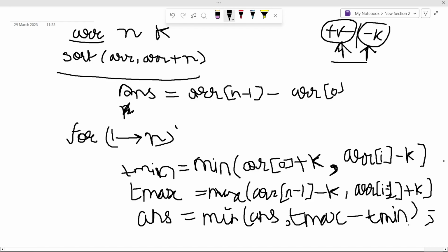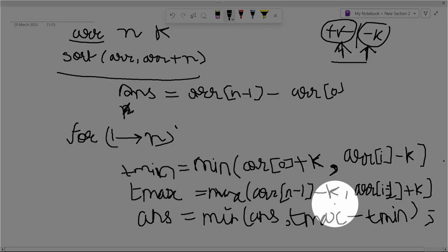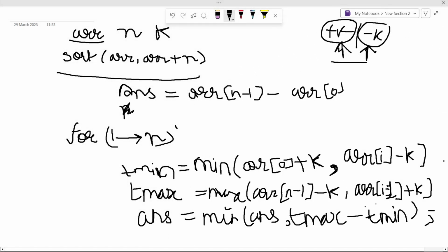Okay, now let's handle some errors which can occur. What we are doing here is taking this and this. Now there might be some case when this is negative, and we can't take negative as we are subtracting.